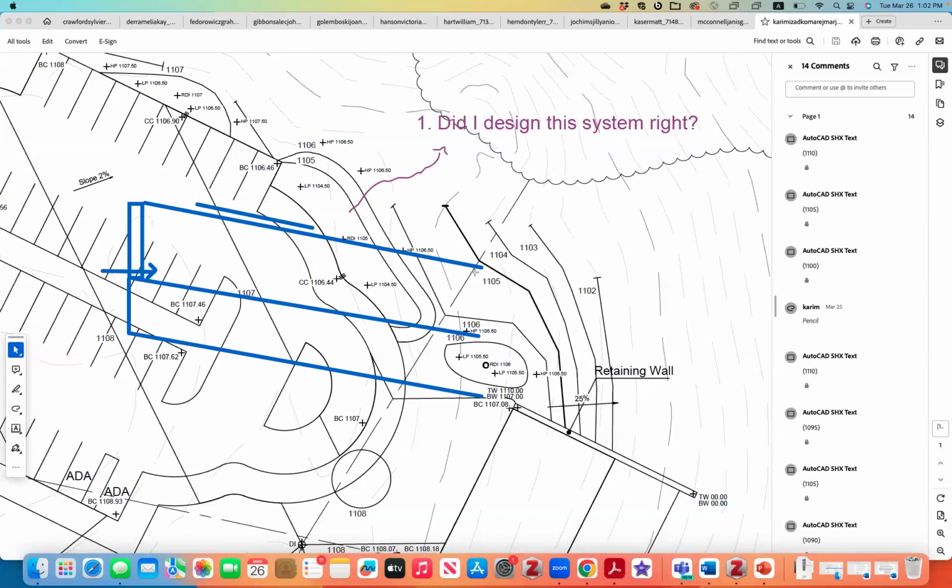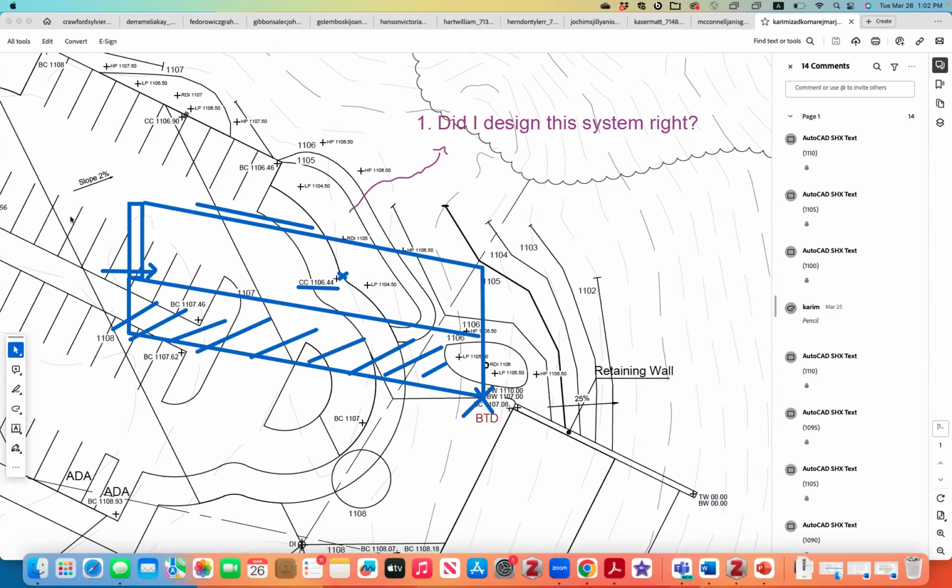Otherwise, you have to have something at the bottom to direct the water across the sidewalk. This is the edge of the sidewalk. So what you need to do is not just calculate on the surface what this elevation is. You need to calculate at the bottom of the trench drain what the elevation is. So you need to minus 0.5 to get to the bottom of the trench and use that as your entrance elevation for your water flow.